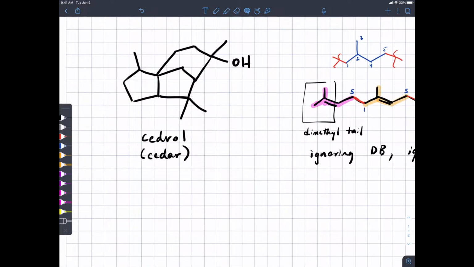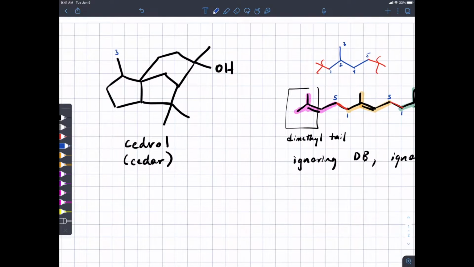Anyway, so let's go through and see what we can find. First, the branching methyl groups. Remember, those are always carbon 3. So I've got one here, got one here, and then I've got 2 methyl groups there. So that ought to be my dimethyl tail, right?